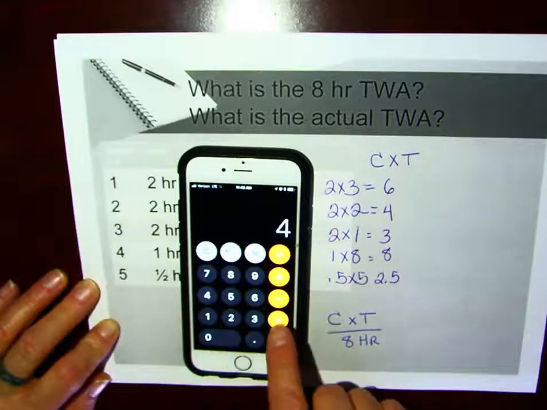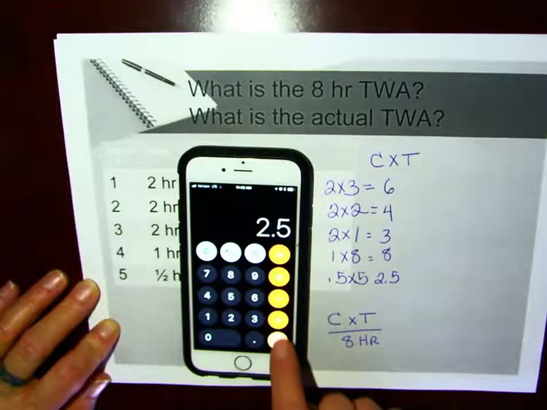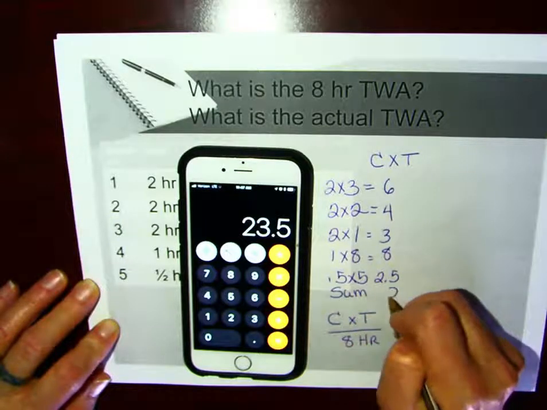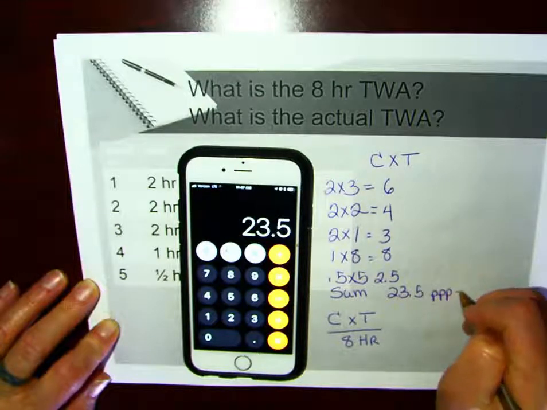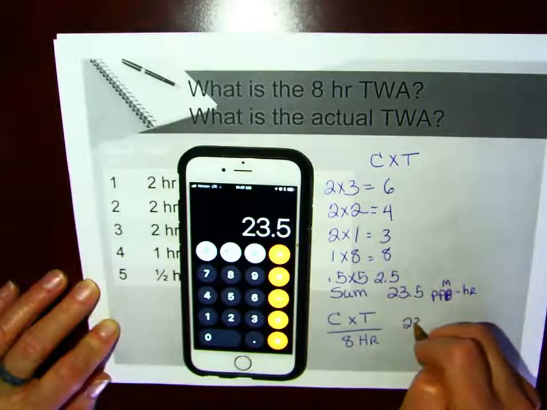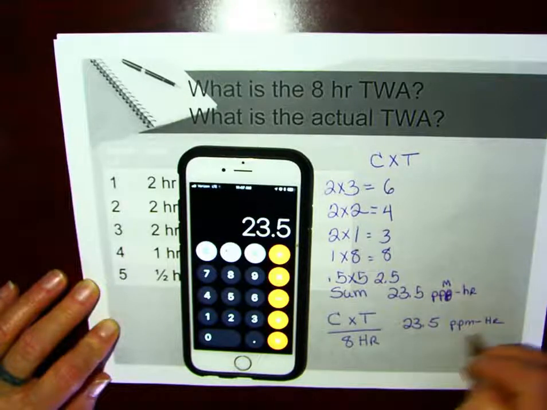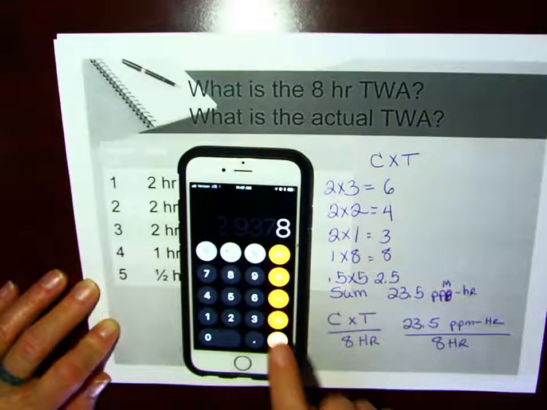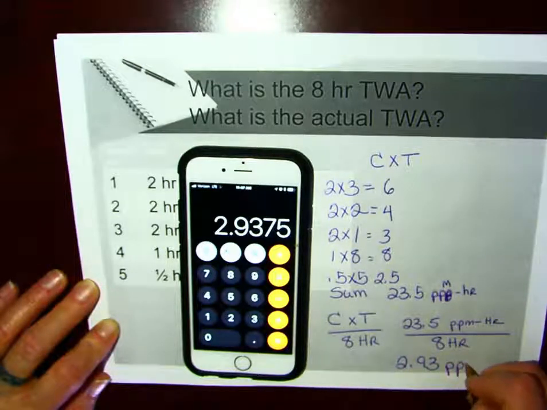6 plus 4 plus 3 plus 8 plus 2.5 would give us a sum of 23.5 parts per million hours. 23.5 parts per million hours divided by 8 hours would give us 2.93 parts per million.